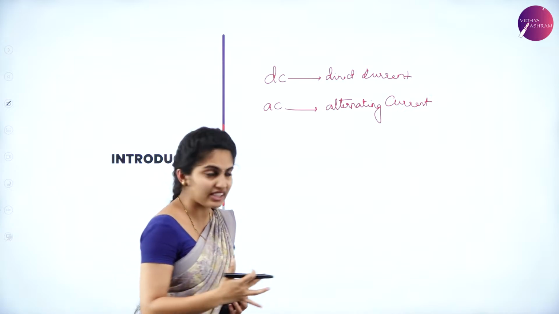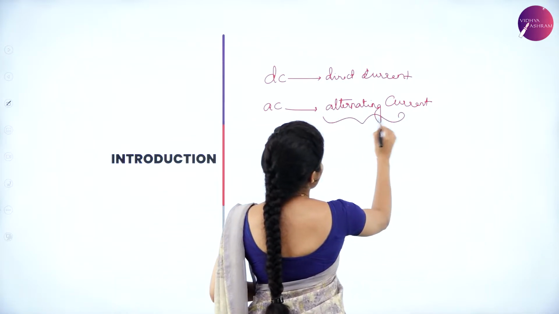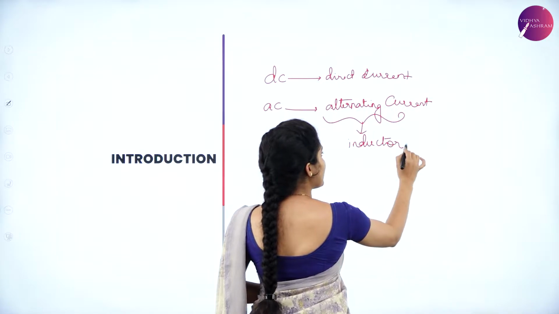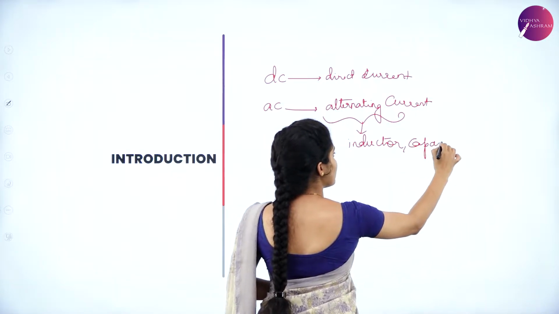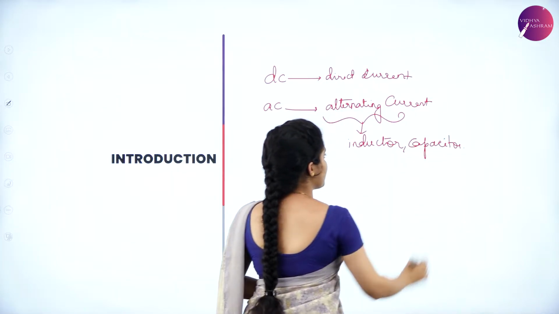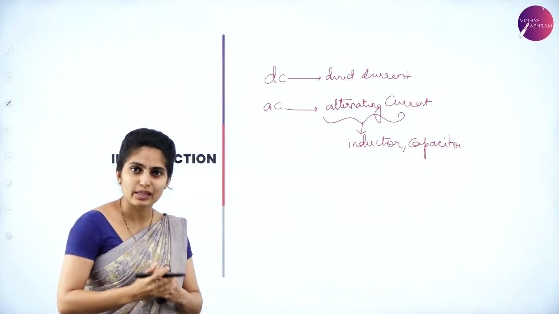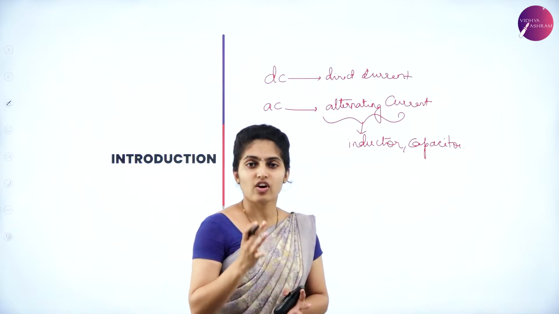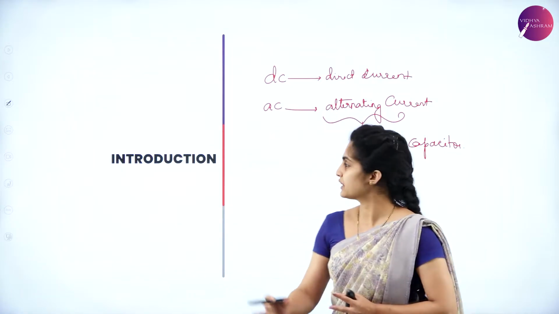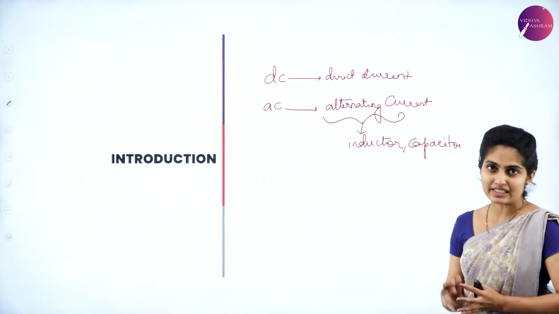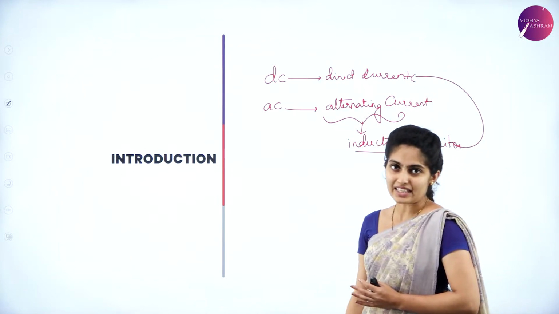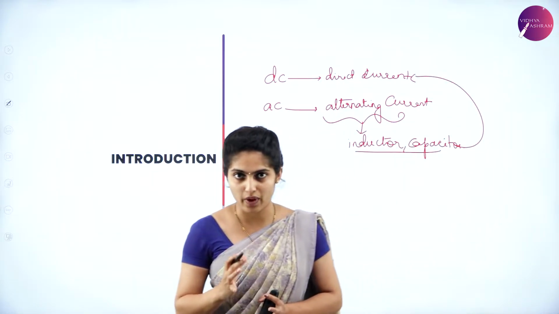But in case of AC, we go with inductor as well as capacitor. Inductor as well as capacitor work in a good way in case of alternating current, whereas they fail to work in case of direct current. This is the concept you have to know.